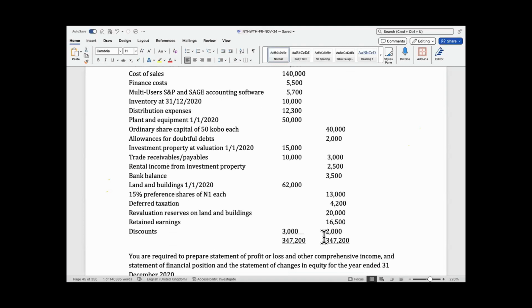I can see discount received of 2,000. I can see rental income of 2.5 here. Is there any other one?